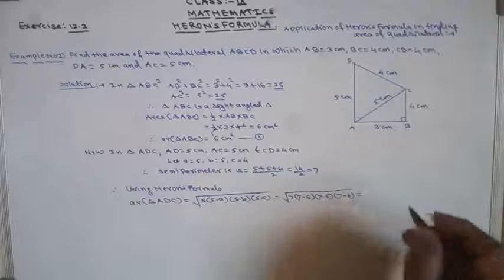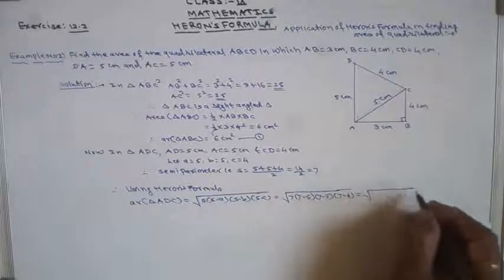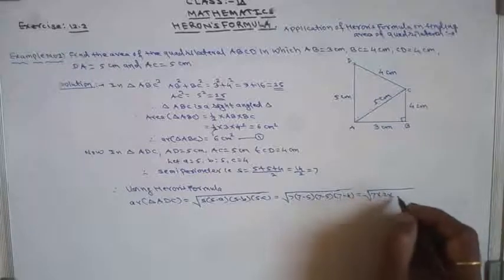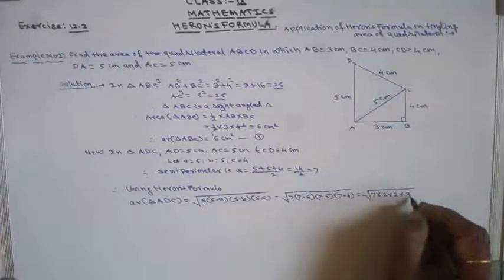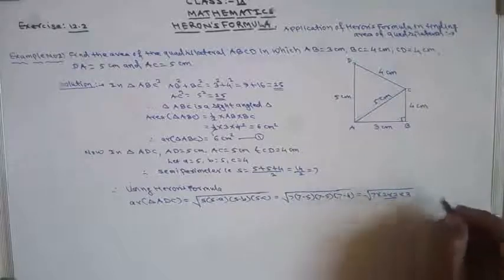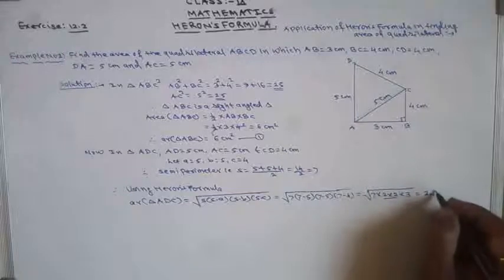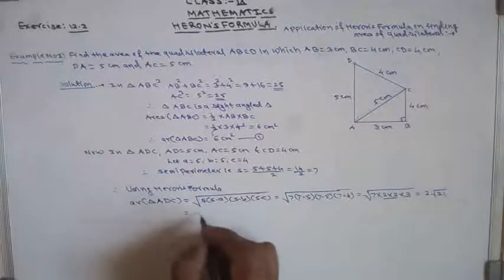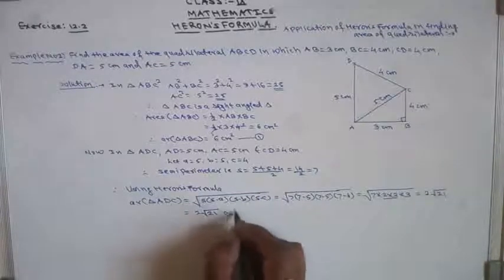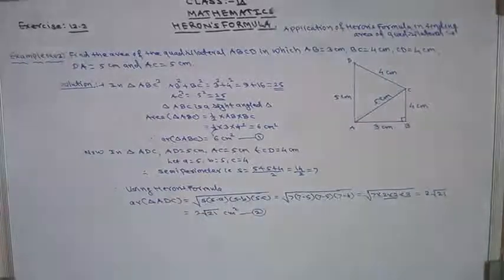So this is under root 2 into 2 into 3, that is 7 into 2 into 2 into 3. You can take the 2 common out of the square root. So this will be 2 root 21 centimeter square. This is the area of the second triangle.